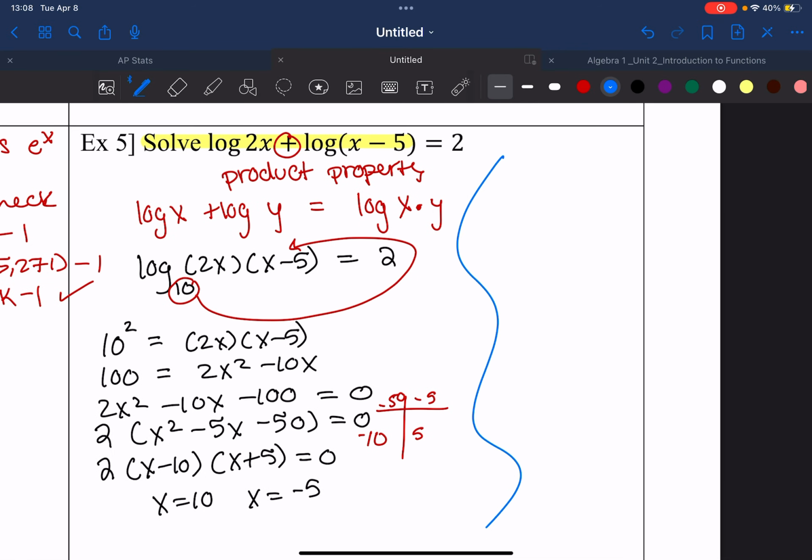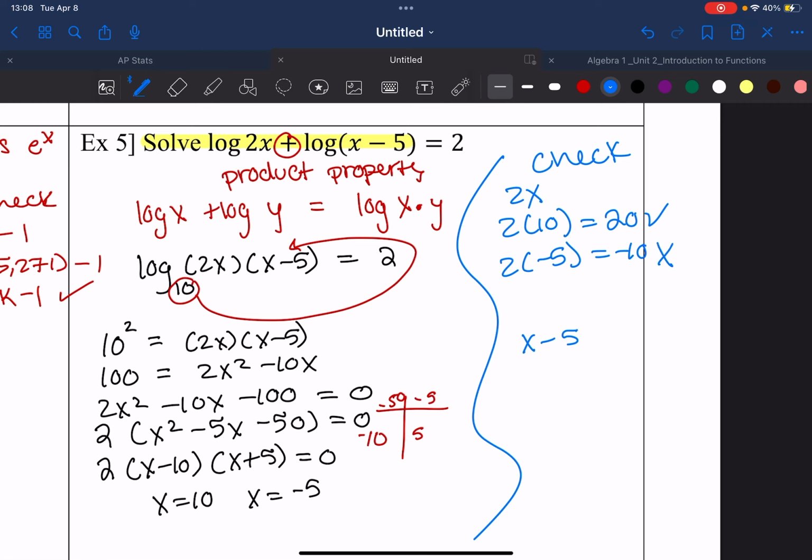Then I need to check my work. So I'm going to plug it into 2x and x minus 5. Well, 2 times 10 is equal to 20, so that's good. But 2 times negative 5 is equal to negative 10. That's bad, so it's not this one. And then 10 minus 5 is equal to 5, which is good. So that means my answer is x equals 10.